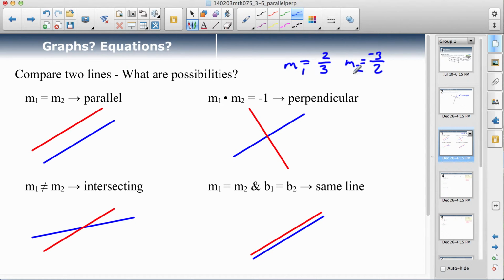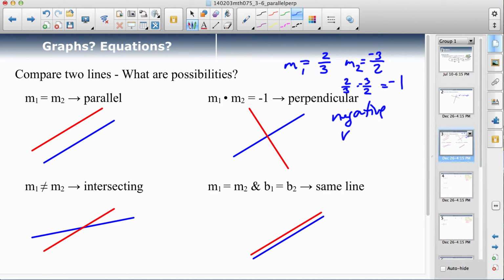Typically they call that the negative reciprocal. If I take 2/3 and multiply it by -3/2, the 2's give a factor of 1, the 3's give a factor of 1, so I get 1, and there's only one negative sign, so it'll be -1. So the slopes of perpendicular lines are the negative reciprocal of each other.